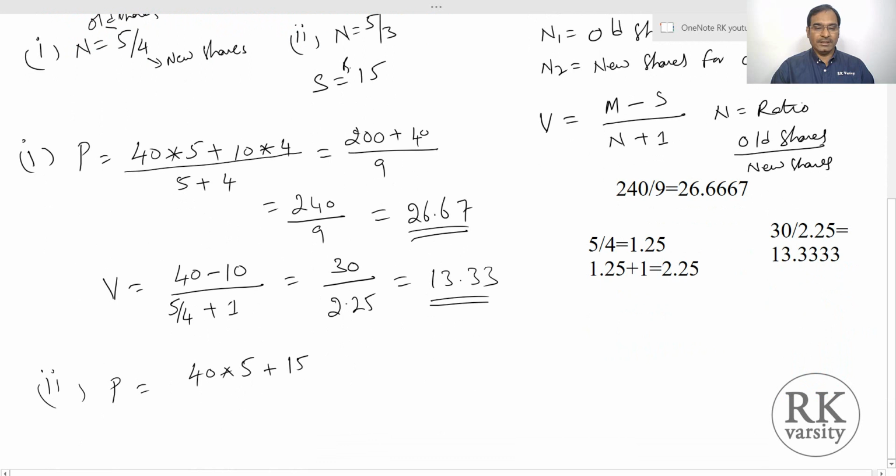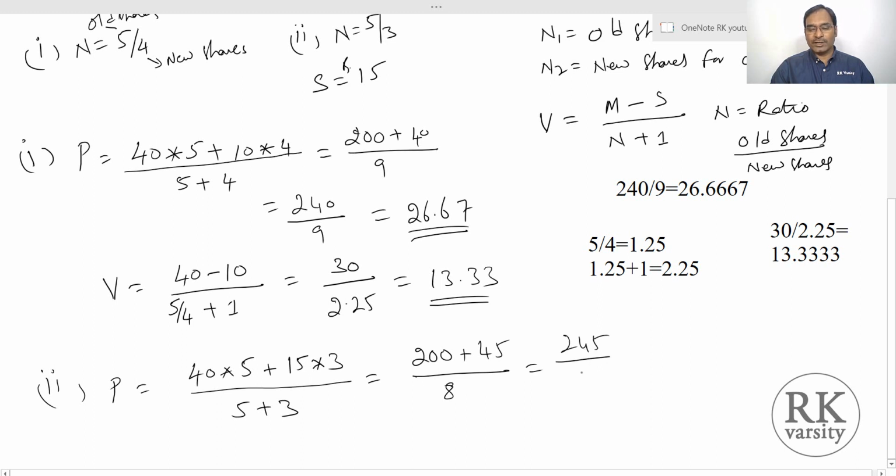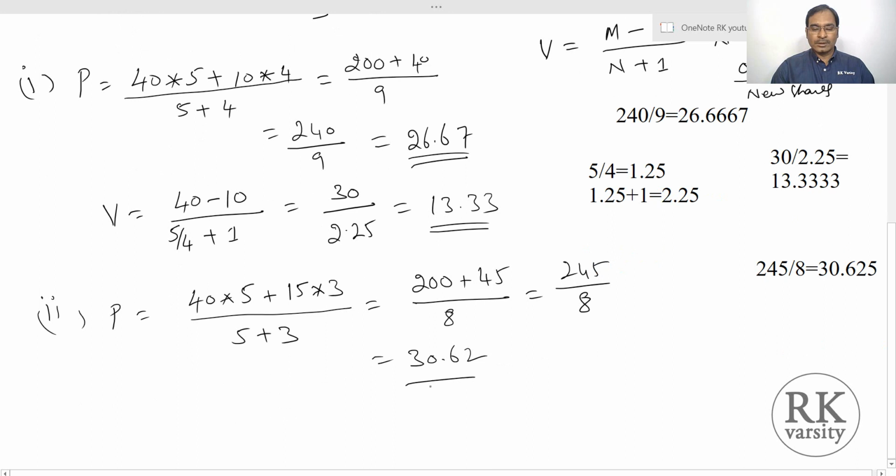So 15 times 3 shares upon 5 plus 3, this equals 200 plus 45 upon 8. So this equals 245 by 8, which equals 30.62. 30.62 is the theoretical price.